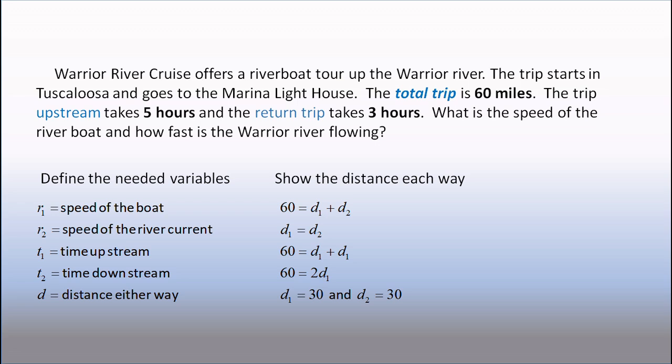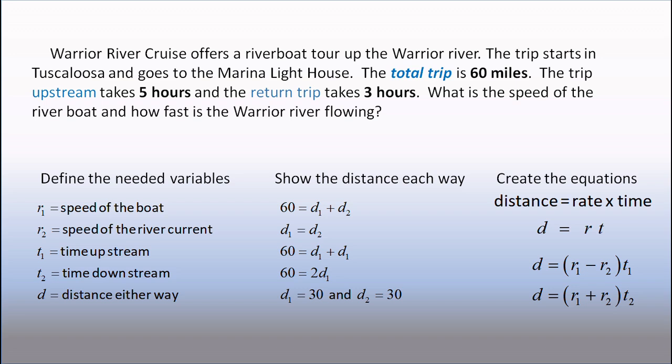It seems like a somewhat trivial exercise, but I put it in here to make sure everybody understands the total trip is 60. Each way is going to be the same. Tuscaloosa and the Marina Lighthouse are going to be just as far away, upstream or downstream. They're in fixed positions. So now we know that the distance each way is 30 miles.